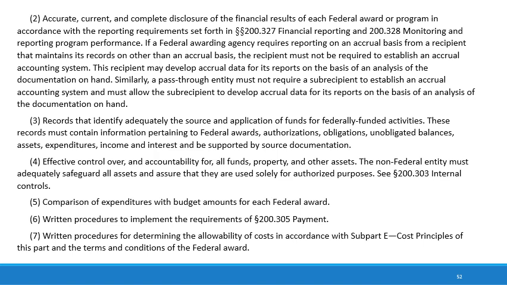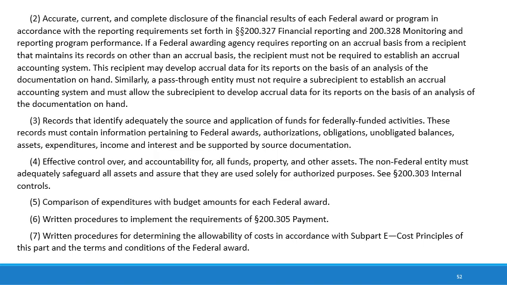The regulation also states that the non-federal entity provide accurate, current, and complete disclosure of financial results in accordance with reporting requirements. Paragraph 3 states the type of records that need to be identified in tracking the source and application of funds. Number 4 discusses the need for effective control and accountability for all funds, property, and other assets.